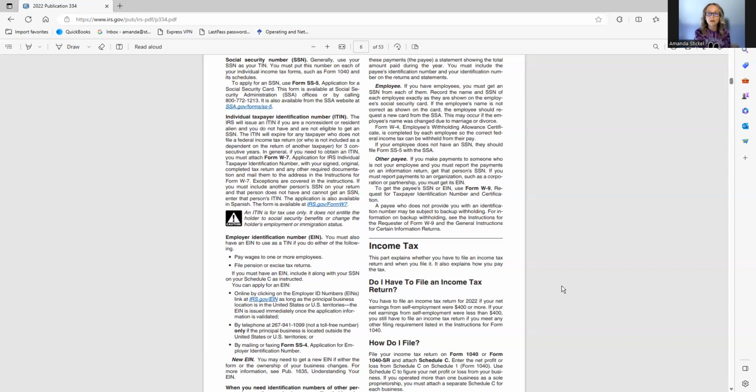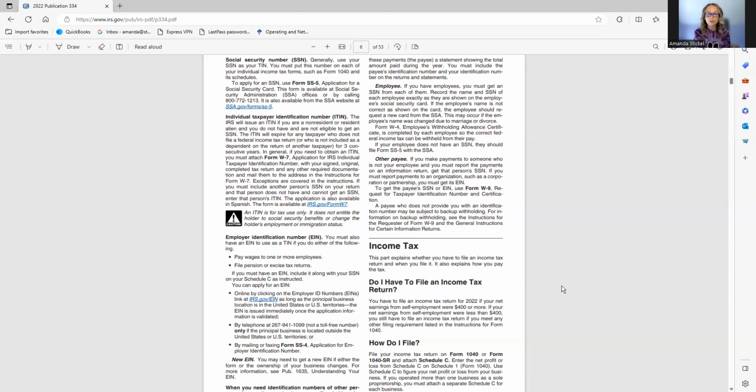Other payee. If you make payments to someone who is not your employee and you must report the payments on an information return, get that person's social security number or EIN. If you must report payments to an organization such as a corporation or partnership, you must get its EIN.